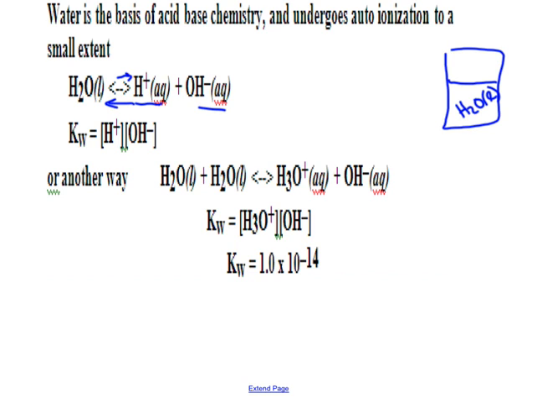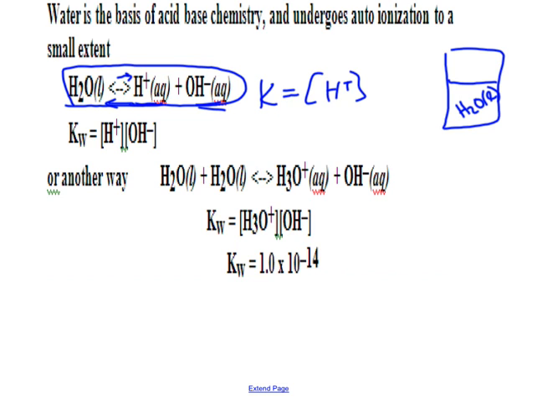So thinking about equilibrium, if I were to ask you to write an equilibrium expression for this, K would be equal to what? Concentration of products over concentration of reactants. Do I put the water liquid in there? No. So that's the equilibrium expression for the ionization of water. Because water is special, they put a little subscript there called Kw.